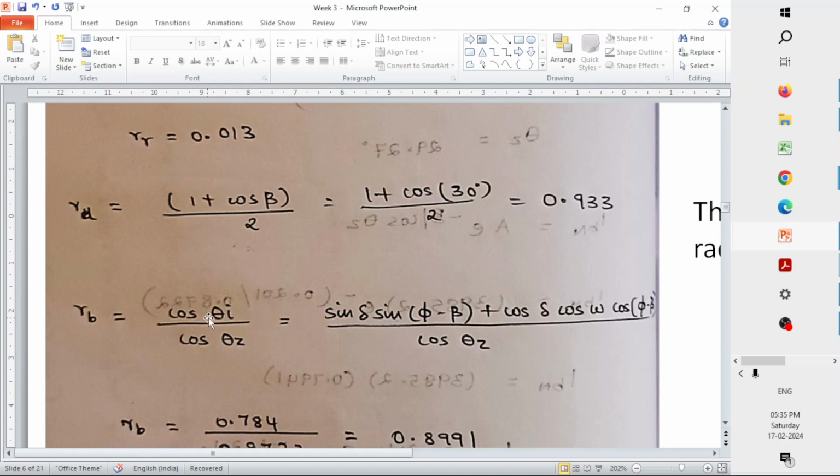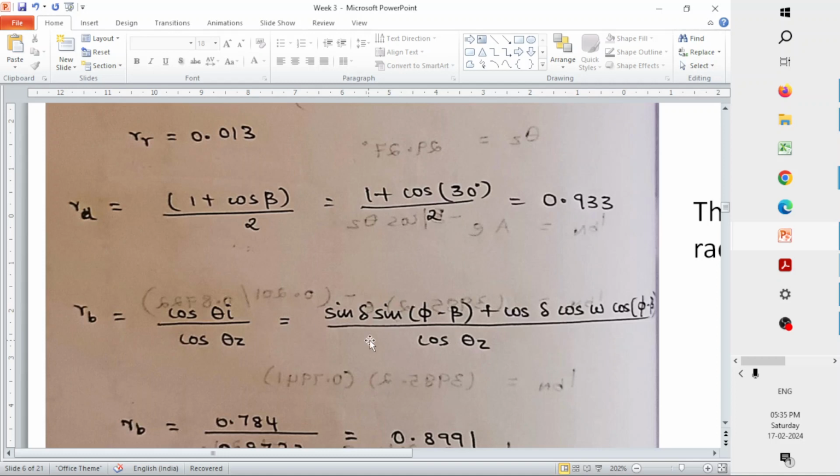There was one query regarding how to remember the formula. The value of cos theta can be simplified as sin delta sin(phi minus beta) plus cos delta cos omega cos(phi minus beta), provided your gamma, the surface azimuth angle, is 0.